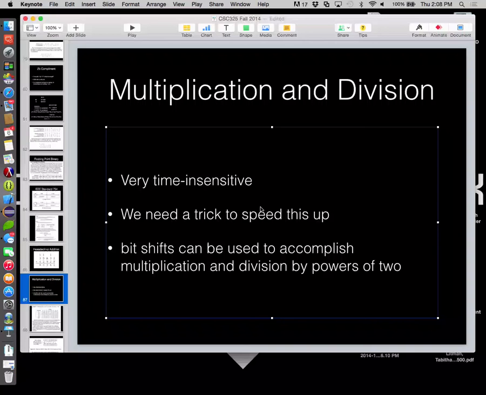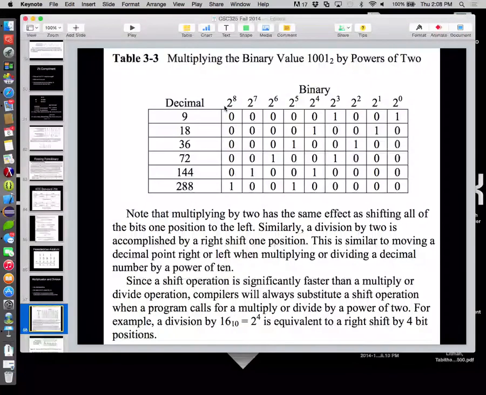So multiplication and division by powers of 2. And this is how it can work. If we have the number 9, so this is the binary number 9, right? This is the ones place, 2s, 4s, 8s. So this is an 8 plus a 1, which is 9. And we multiply 9 by 2 to give us 18.